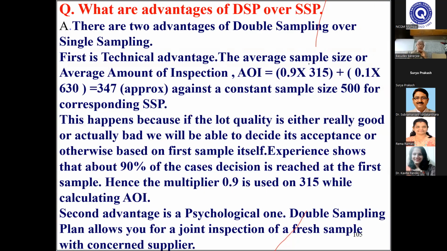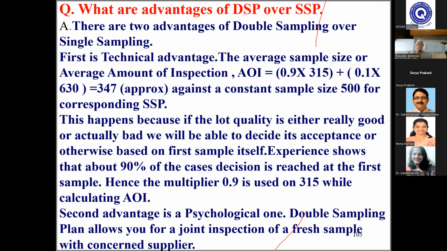Now, let us see what are the advantages of double sampling over single sampling. Can you read out? There are 2 advantages of double sampling over single sampling. First, technical advantage.